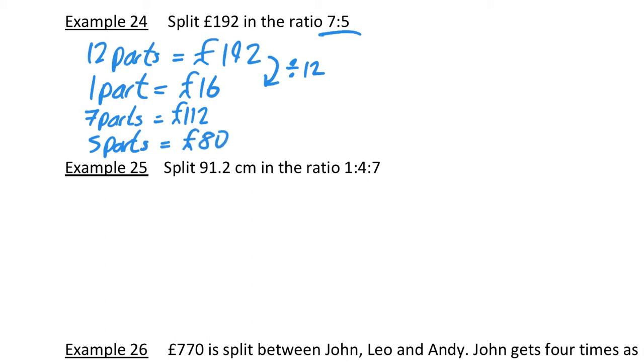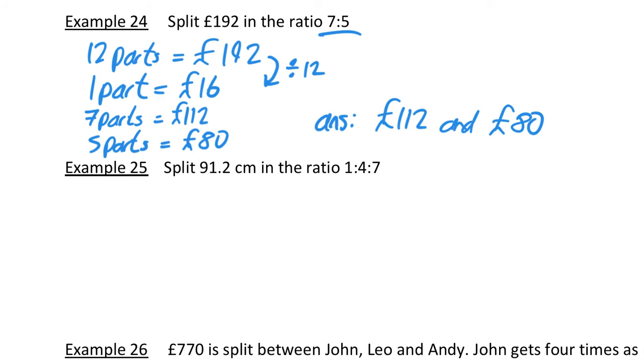Now, a very easy way to check is just to add these two things here. So add your 112 and add your 80, and you will see you get 192, so you know you're right. So your answer is £112 and 80 pounds.